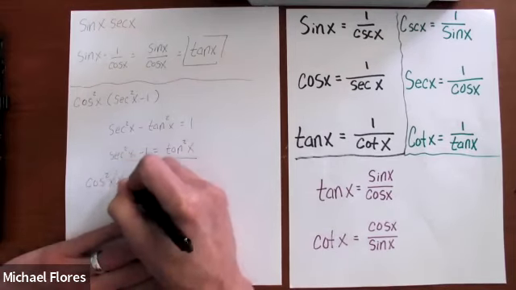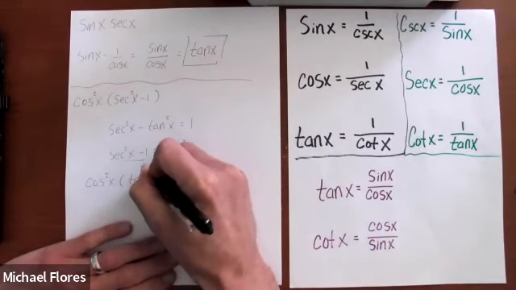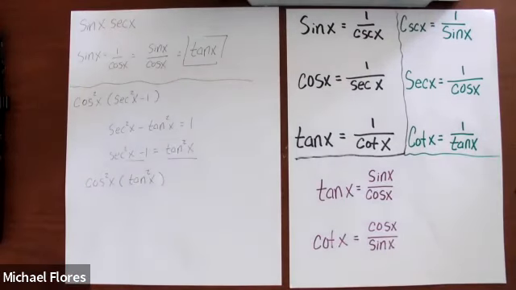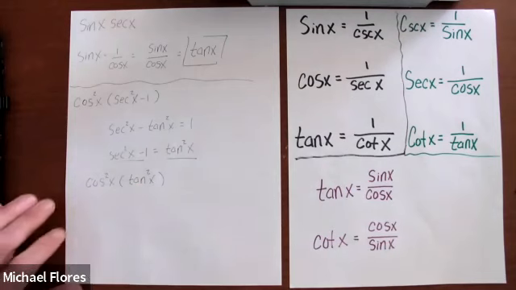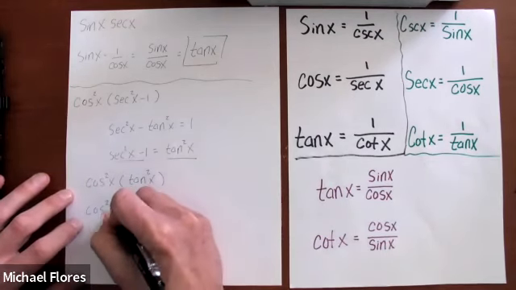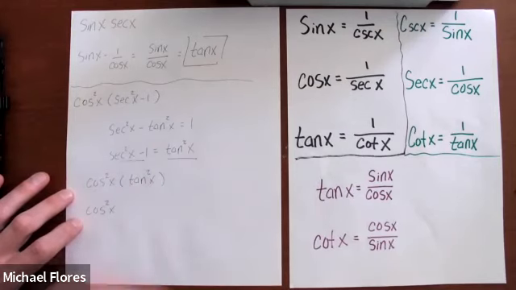Cosine squared of x times tangent squared. I see tangent, so I'm thinking quotient identity. Now, anytime you see a square, make sure that you include a square in your quotient identity.